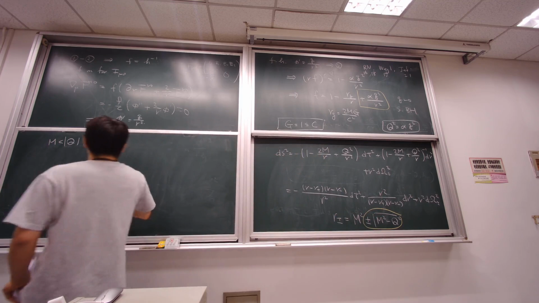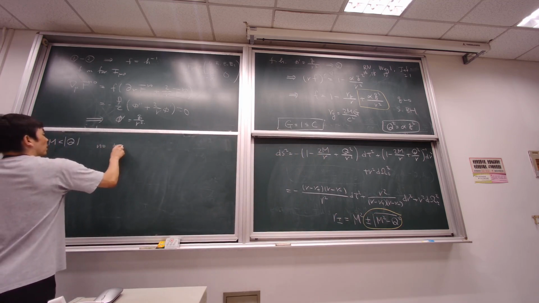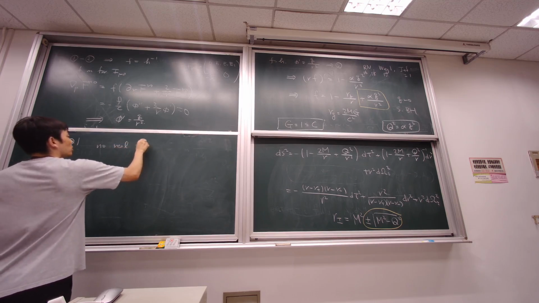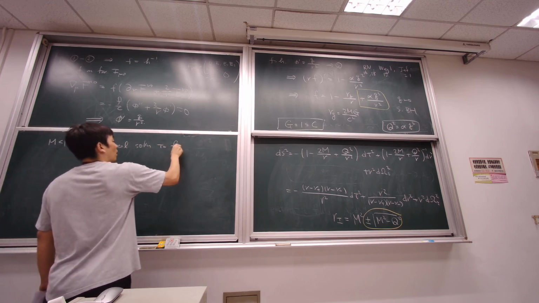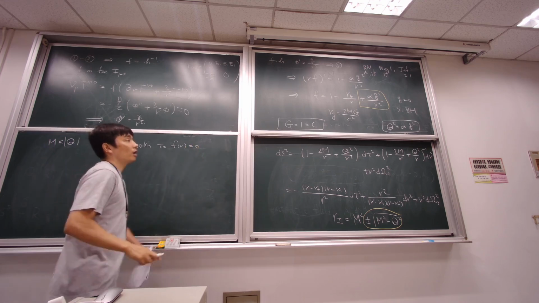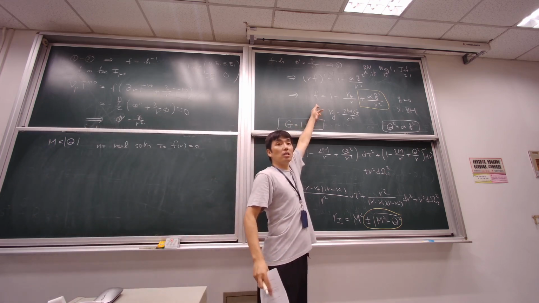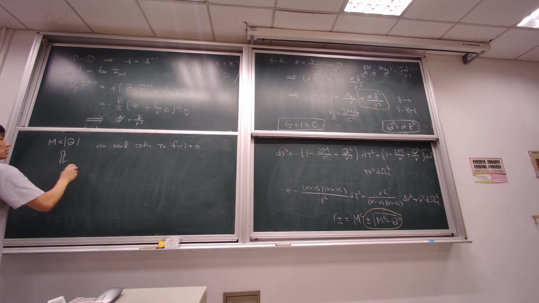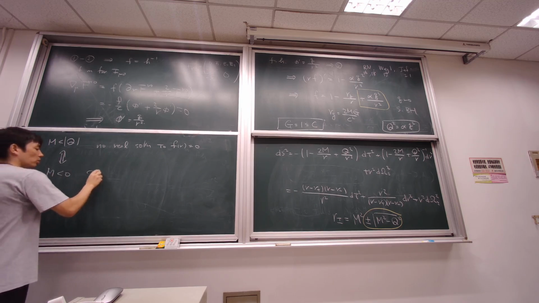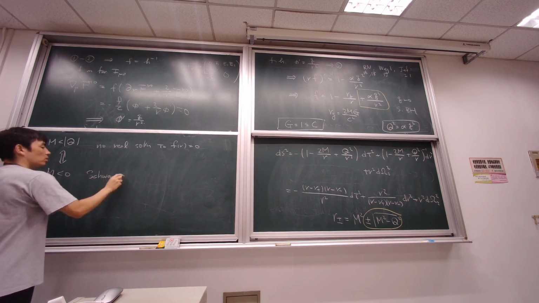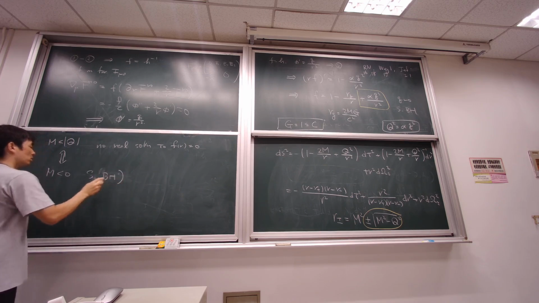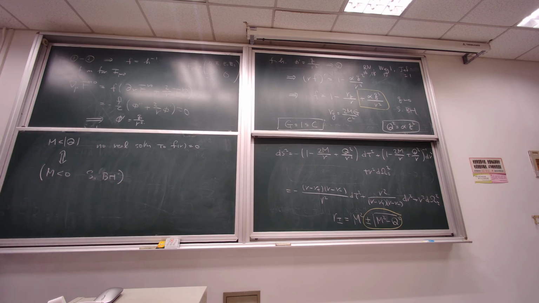So there's no real solution to f(r) equal to 0. f(r) is of course this guy. So this is analogous to m less than 0, m being negative, for Schwarzschild. Okay, I don't like to write the Schwarzschild black hole. So this is analogous.